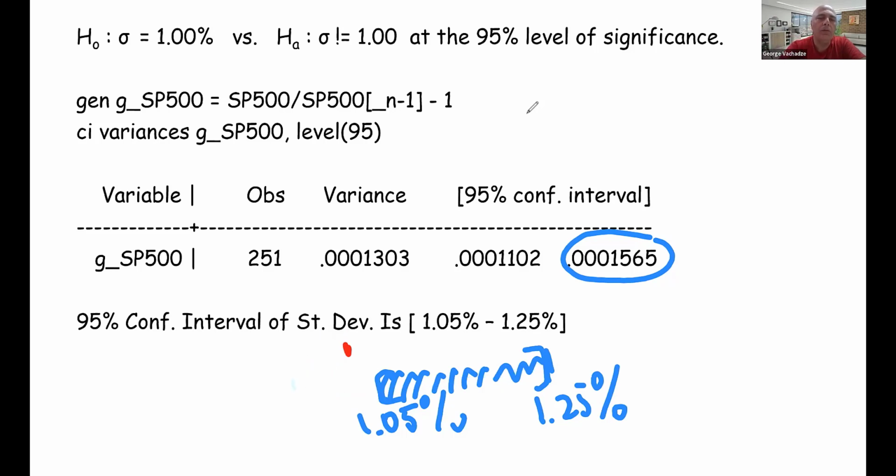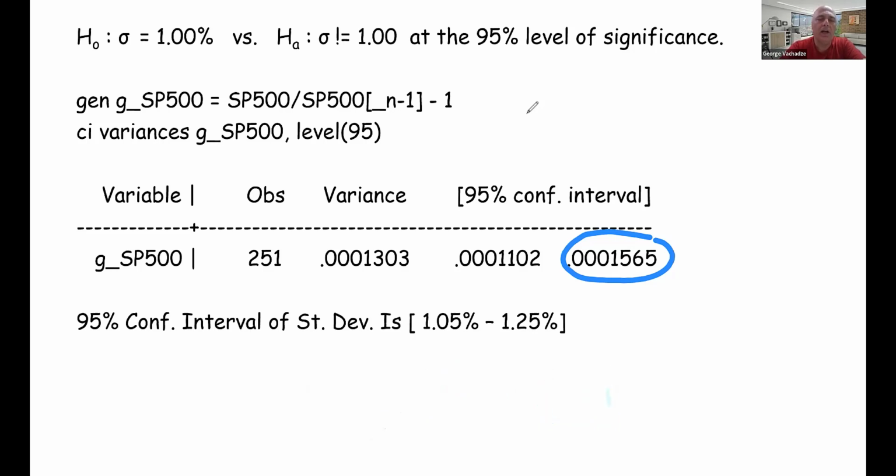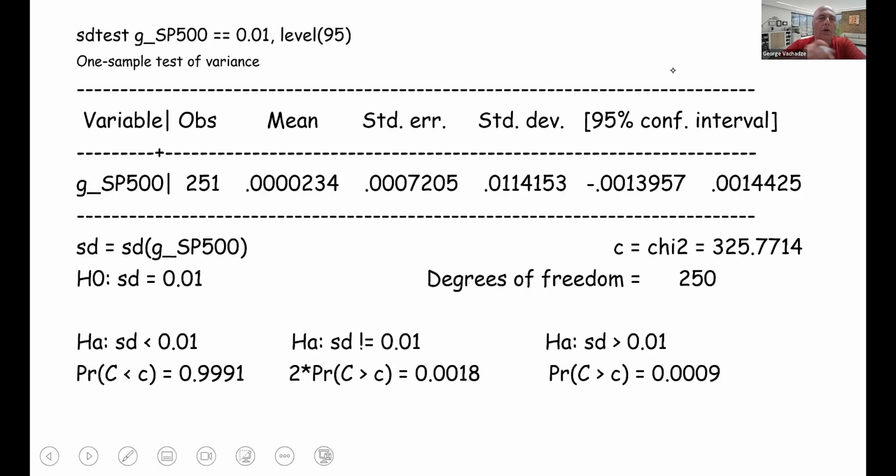An alternative way would be to directly test using the chi-square testing, and now I will do exactly that. On this screen you see the first line command and then the STATA output. The command used is sdtest.